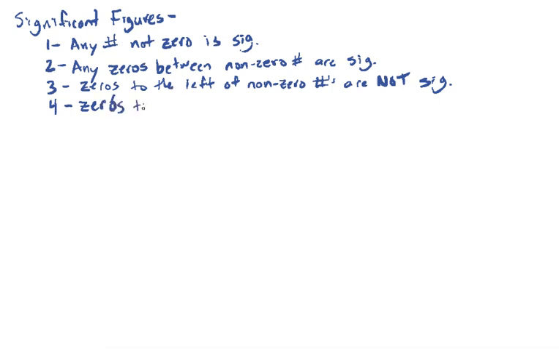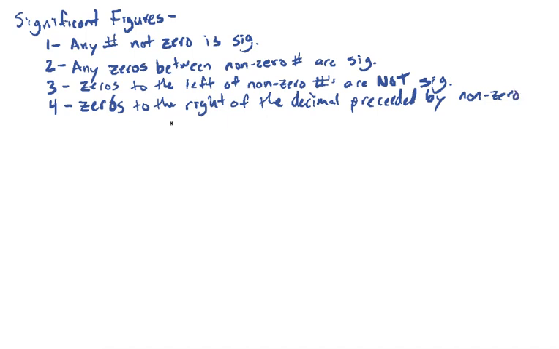Zeros to the right of a decimal preceded by non-zero numbers are significant.